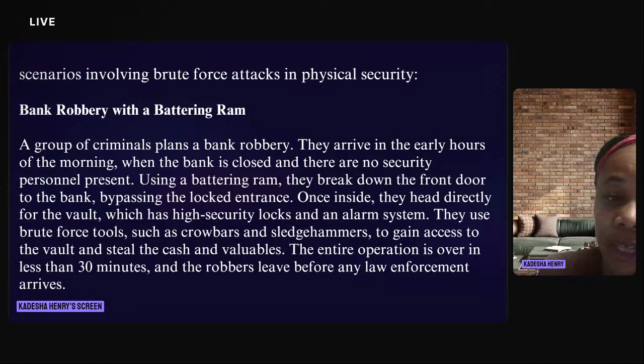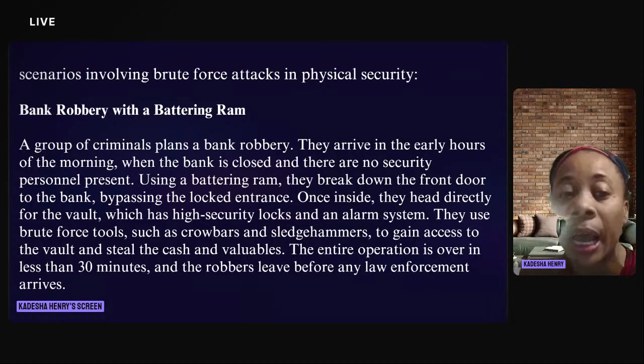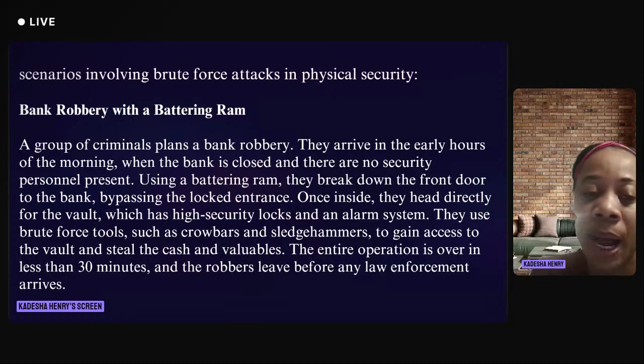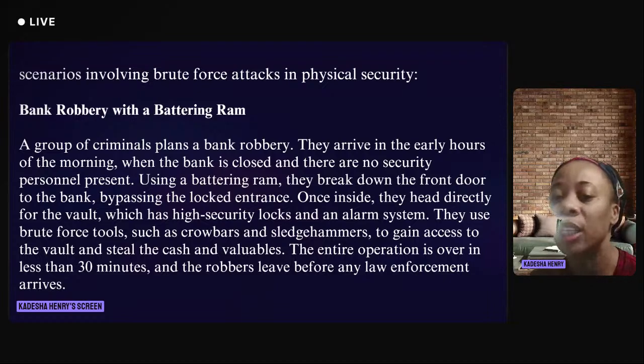So let's look at another scenario. A group of criminals plans a bank robbery. They arrive in the early hours of the morning when the bank is closed and there is no security personnel present. Using a battering ram, they break down the front door to the bank, bypassing the lock entrance.